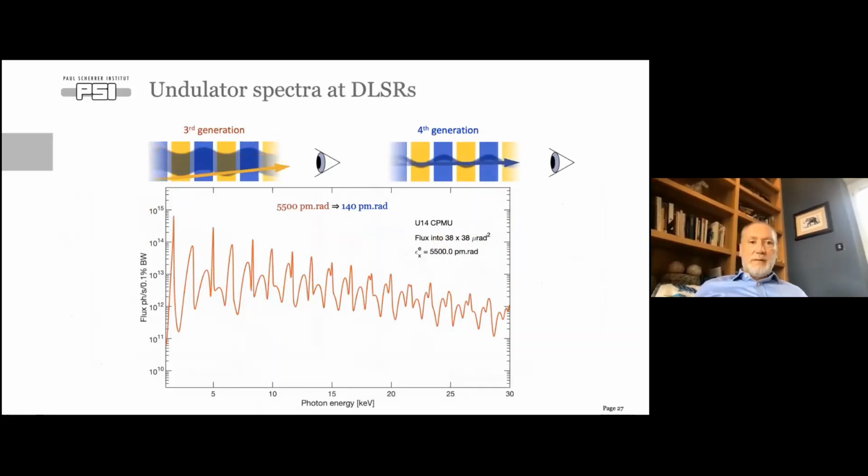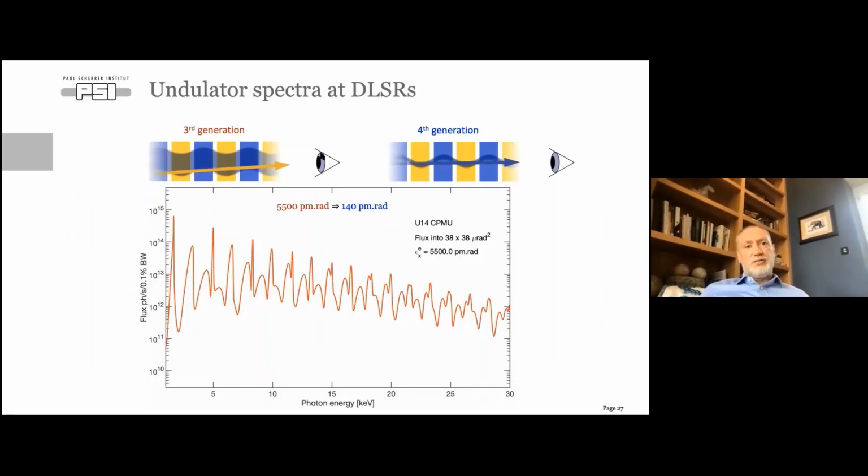Now, there are knock-on effects which we might not at first recognize due to the fact we're now using a DLSR. If we look at the third generation, the electron beam has a width of maybe 100 microns or thereabouts, and an amplitude of maybe only 1 micron. This is the way that the electron beam undulates through the insertion device.